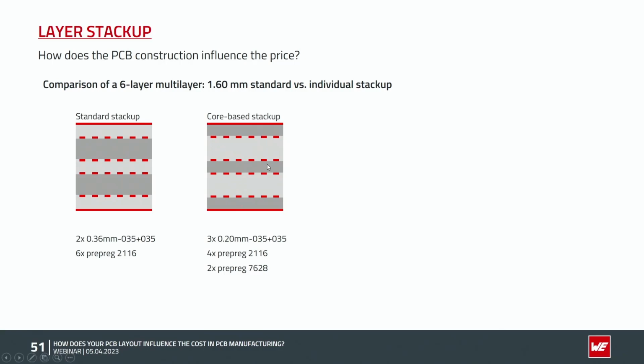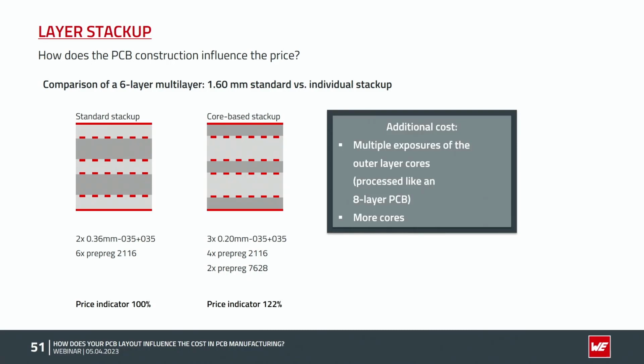So the difference here is that we need additional material. So we have 3 cores now, and we need multiple exposures for the outer layer cores. So we have to image and also etch the layer 2 and the layer 5 prior to the lamination process. And again, we have to laminate the final multilayer stack up again.